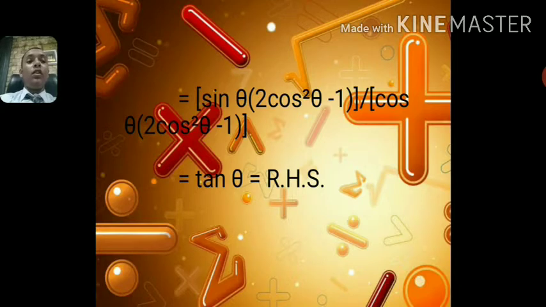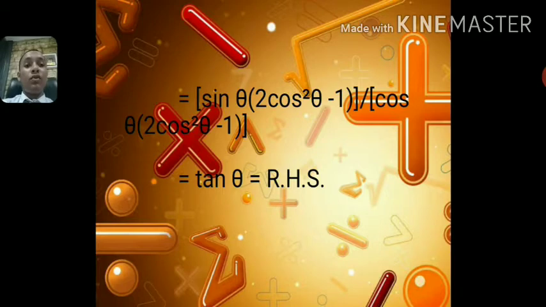Here in the numerator and denominator 2 cos square theta minus 1 is common, so it will be cancelled, or we can say that it will be divided by itself. After that we will get sin theta upon cos theta, which is equal to tan theta. Hence we proved that LHS is equal to RHS.